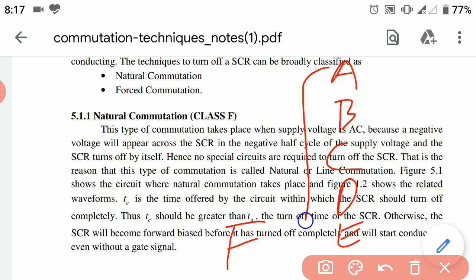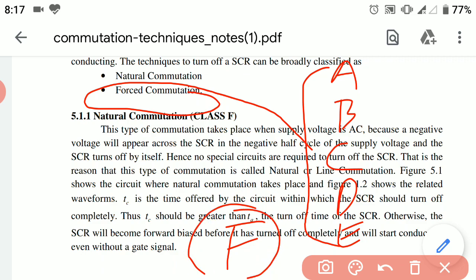From class A to class E, these are forced commutation techniques, and the class F commutation technique is known as the natural commutation technique.